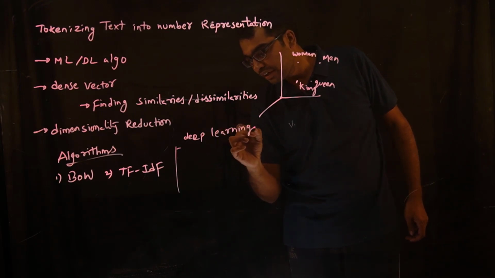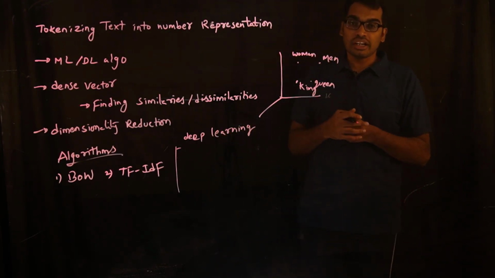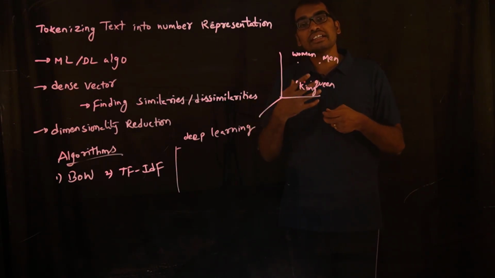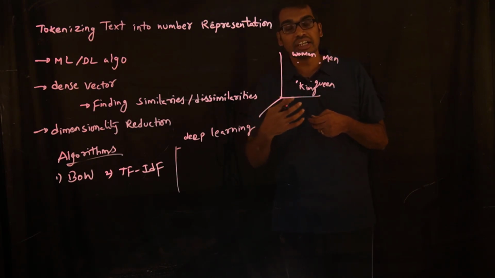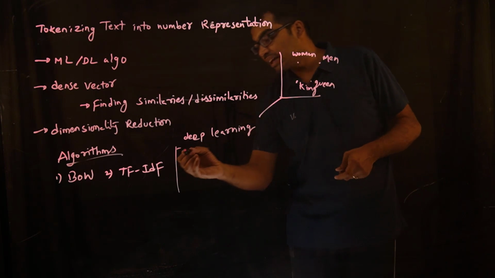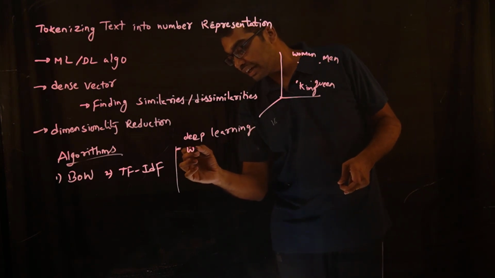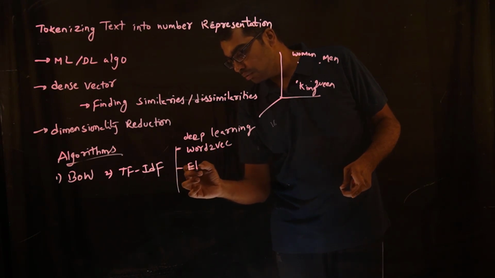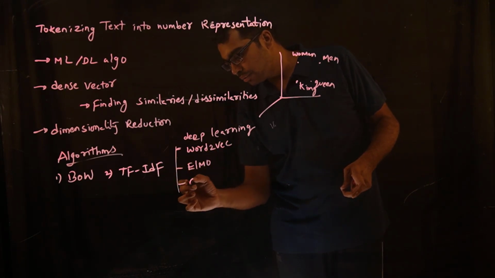When I say deep learning, they apply to neural networks. The text is represented in terms of a vector: the text is the input, and you get vectors, the numbers, as the output. Those algorithms start with Word2Vec, and then the second one is ELMo, and GloVe.